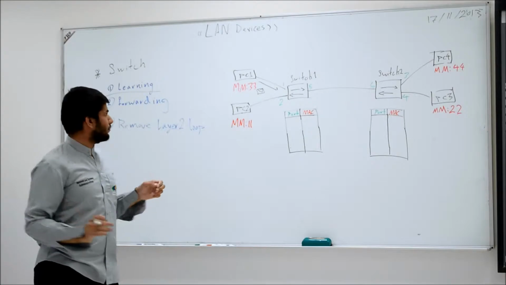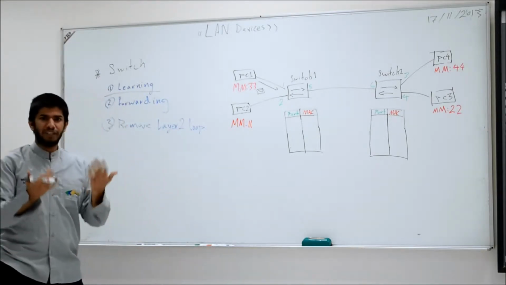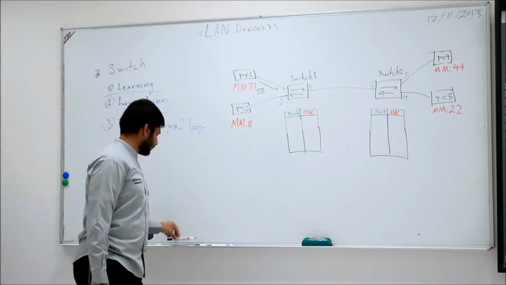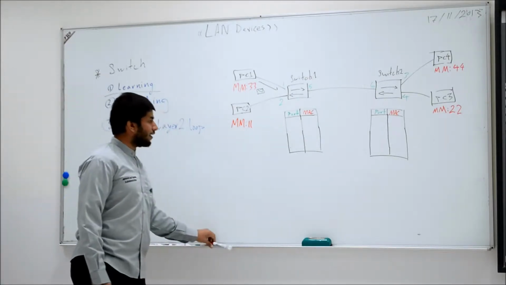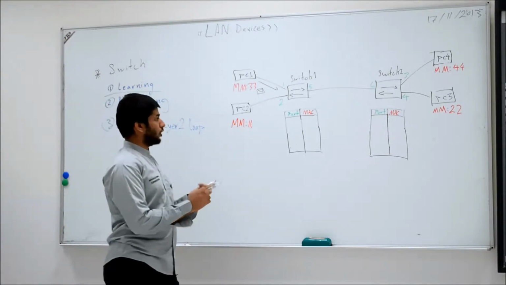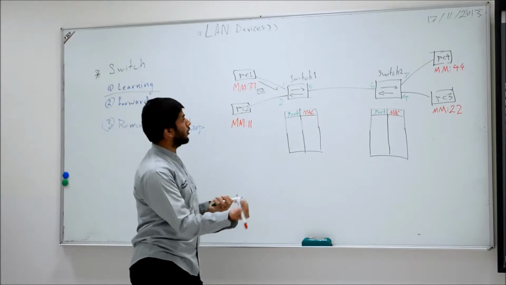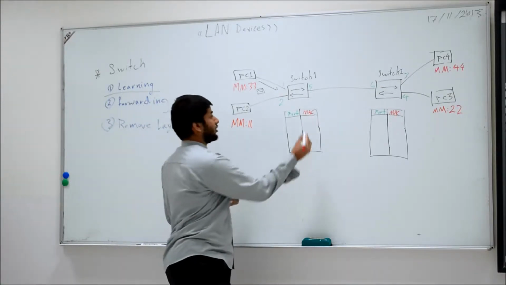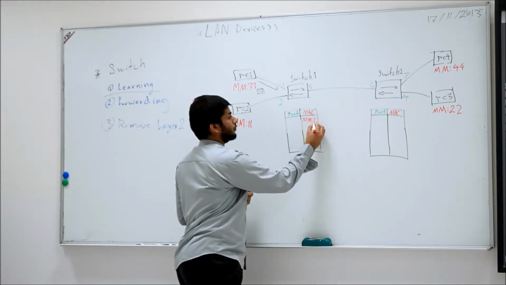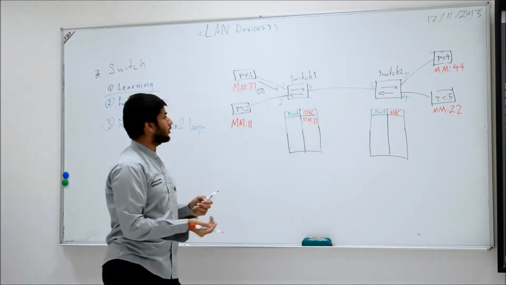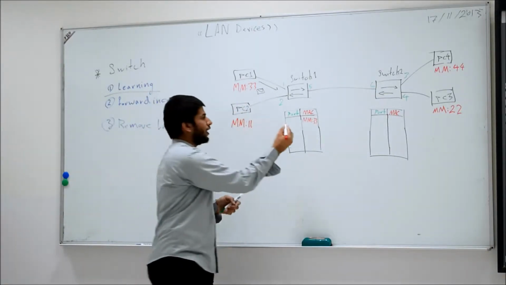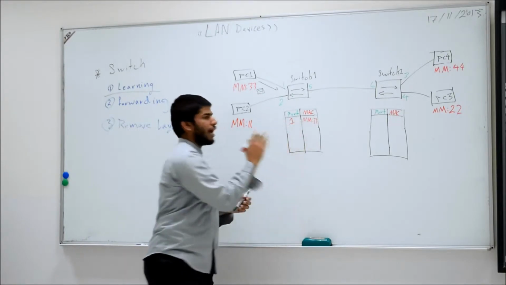So the first time the switch receives the packet, it will learn about PC1. It will learn the port and the MAC address. So it will say, okay, we have the MAC address MM3, and after that it will write the port.